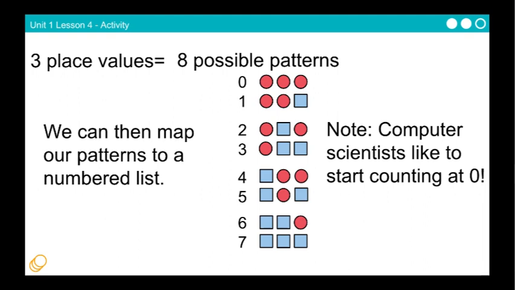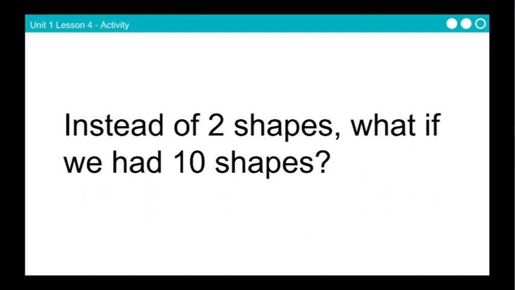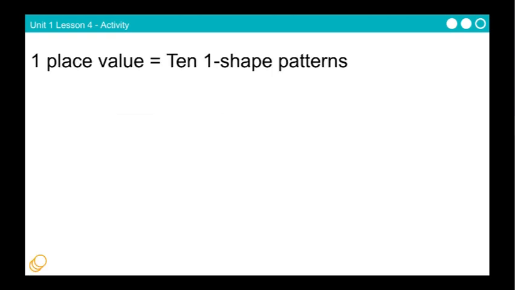Okay. So instead of 2 shapes, what if we had 10 shapes? Like I said, our n minus 1, 10 one-shape patterns. We could use more geometric shapes or we could use letters, but the shapes we are used to are the numbers 0 through 9.